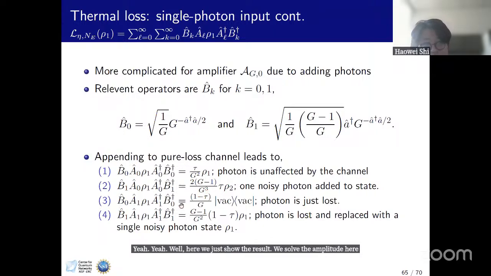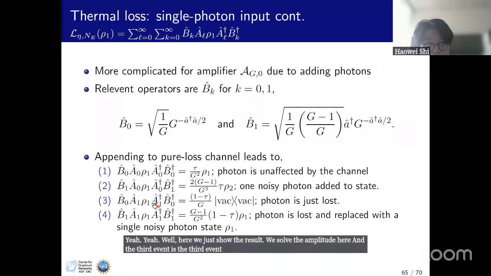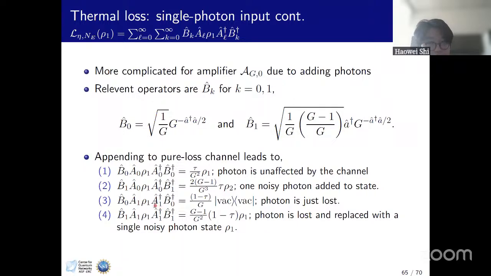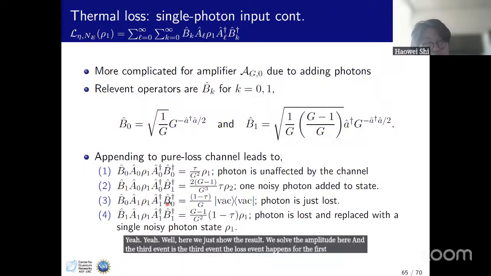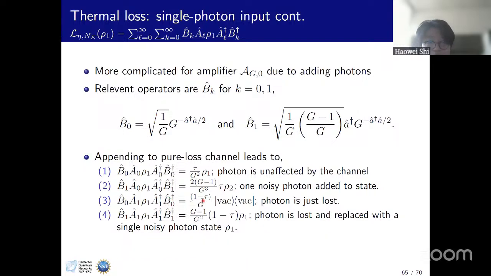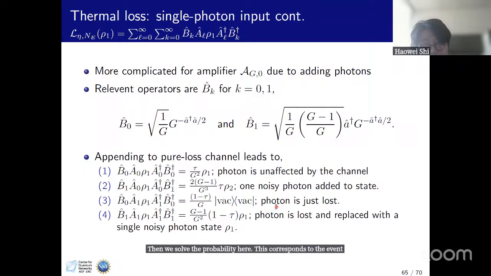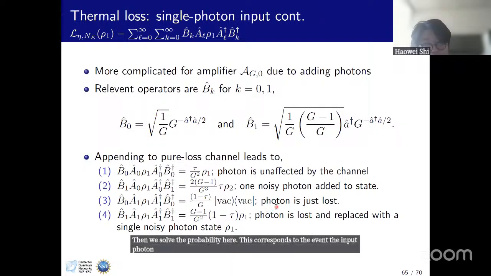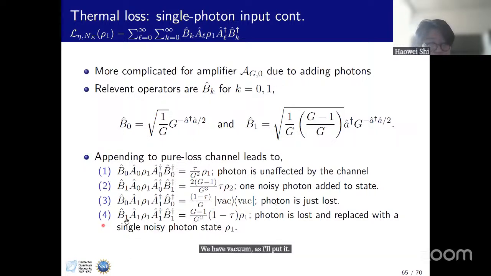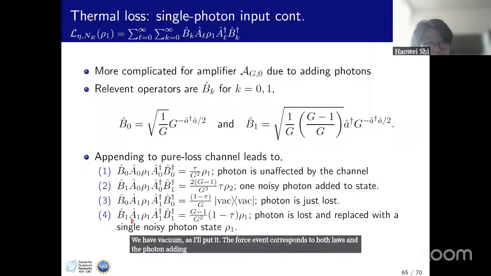And the third event is the loss event happens for the first channel, while for the second amplified channel, nothing happens. Then we show the probability here. This corresponds to the event that the input photon just gets lost. We have vacuum as the output. The fourth event corresponds to both loss and photon adding happening in both channels.